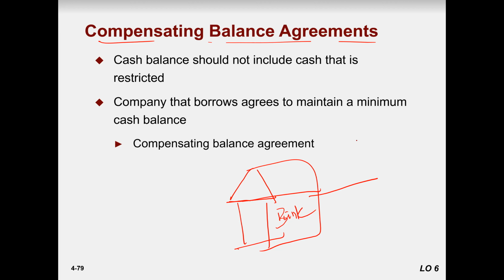For example, you open an account for $2 million, but the bank will say that 30,000 would be a compensating balance. What does it mean? It will be like collateral with the bank.